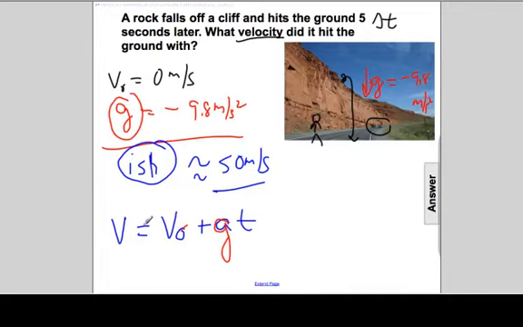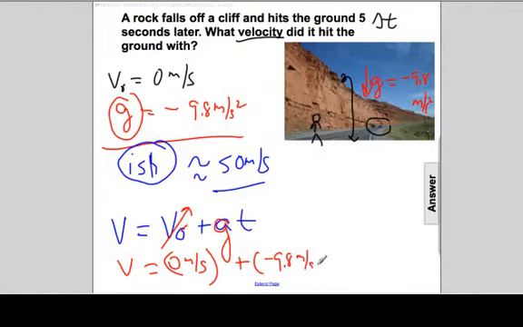So the final speed is the initial speed, which happens to be 0, plus gt. So that final speed is 0 meters per second, which was our starting speed, plus negative 9.8 meters per second squared, times the time, 5 seconds.